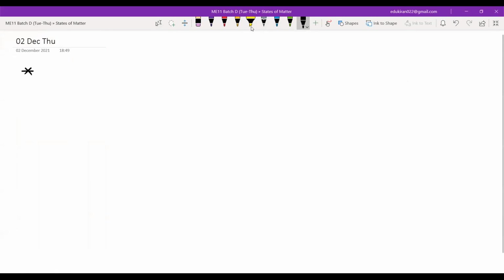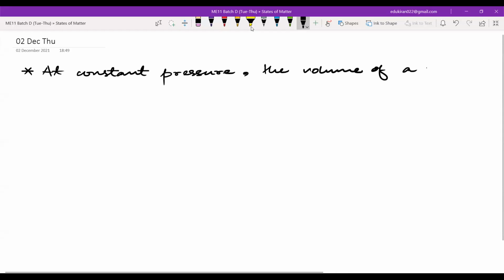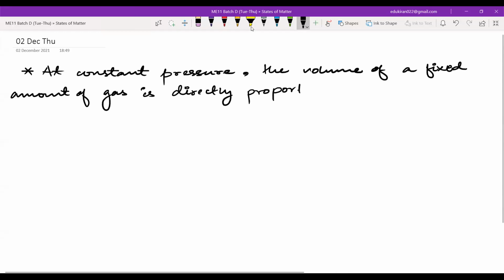So please write: at constant pressure, the volume of a fixed amount of gas is directly proportional to its absolute temperature.